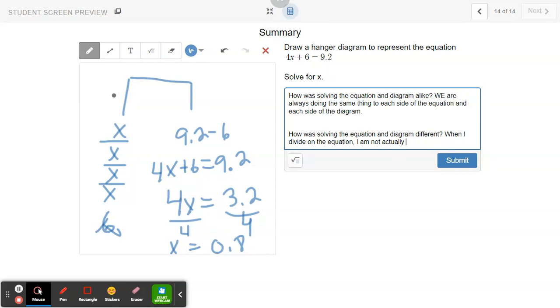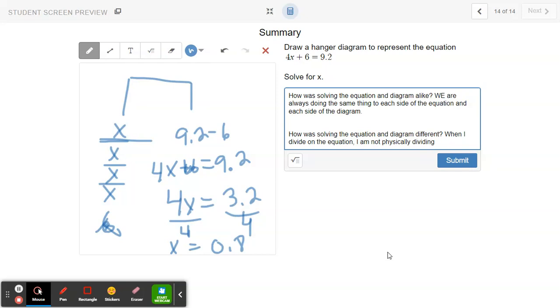I'm kind of doing that on the calculator, meaning I'm not physically, before I was physically taking away, right? When we take away the 6, we actually get rid of the 6, right? But then when we divide the 4, it's kind of like more in our mind, right? I'm not physically dividing. Okay?